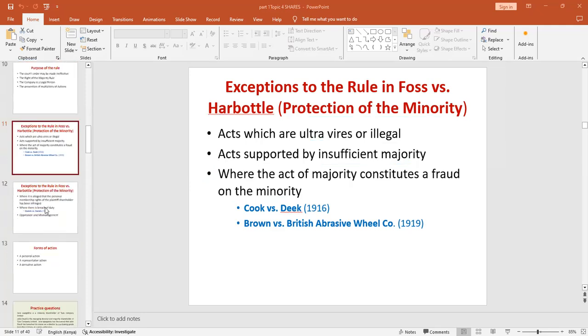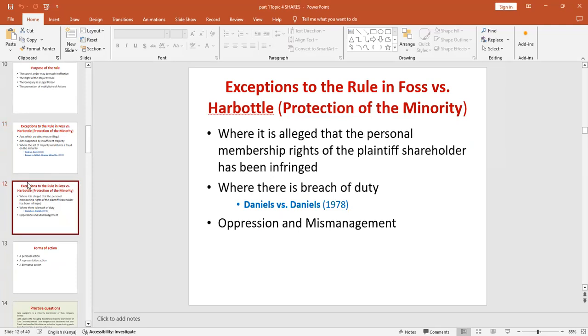We also have a situation where whatever they are doing is affecting the rights of the minority shareholders. Like if they're passing a vote which prevents minority shareholders from voting. Like if you say, from now henceforth, anybody who has less than 10% shares cannot vote in a shareholders meeting.